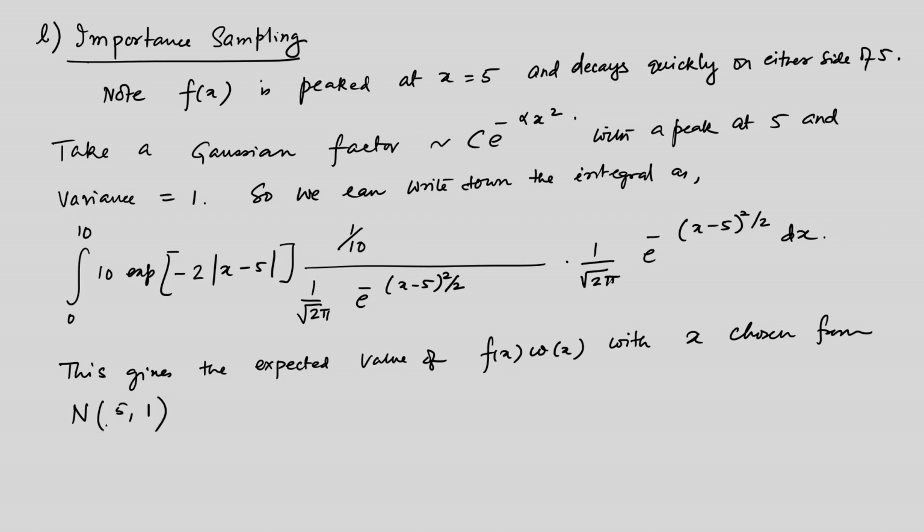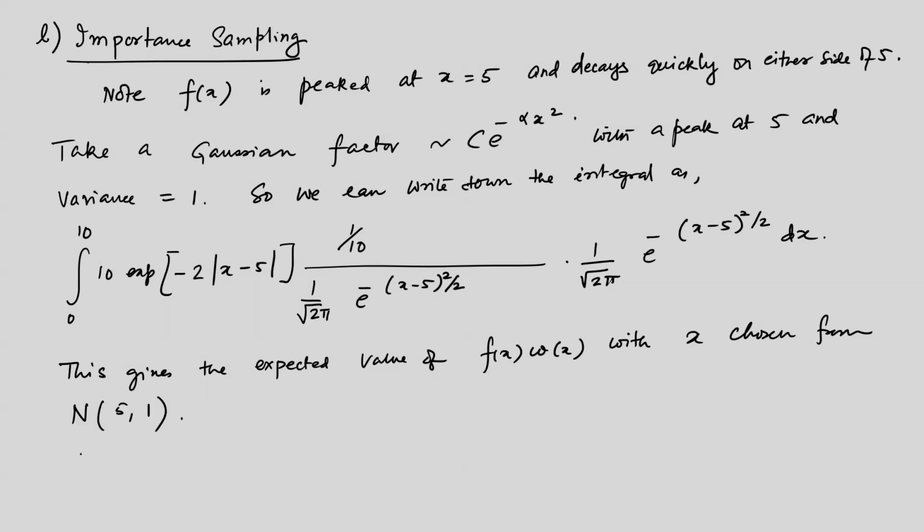Remember that we have used this terminology for denoting a normal distribution, with the first argument representing the mean and the second one representing the variance.